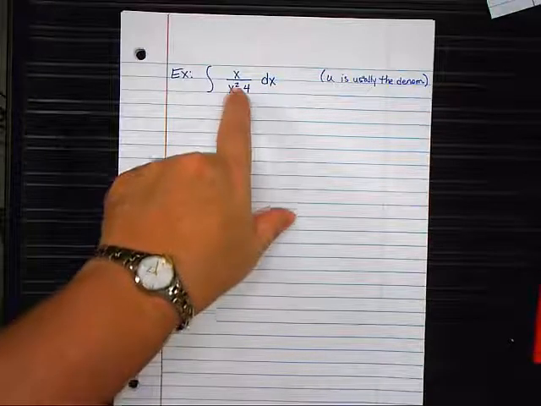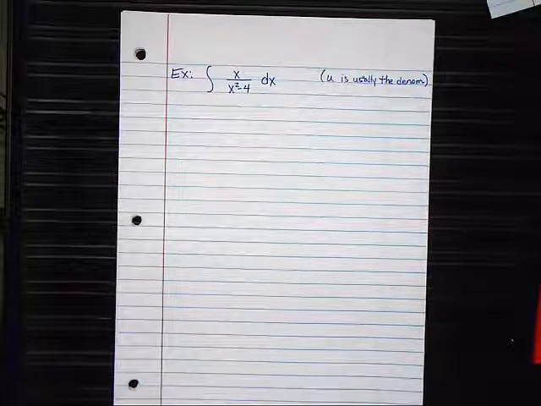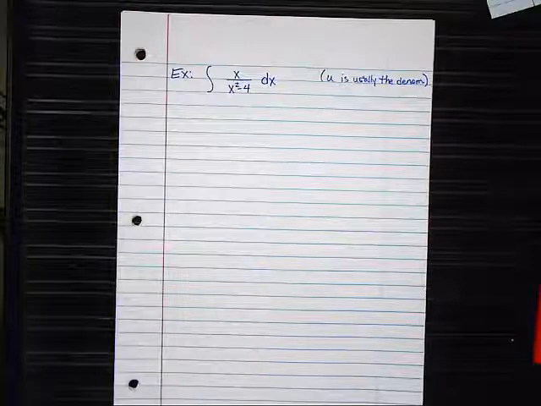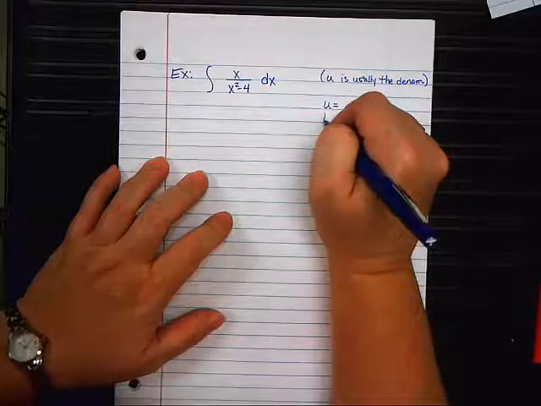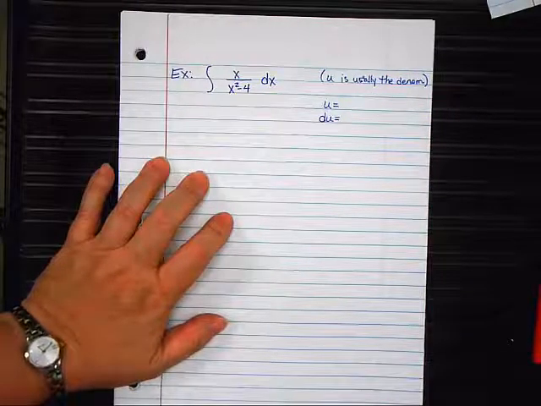If nothing is inside of something else, u is usually the denominator and du tends to be the numerator. You can never have a du on the bottom of a fraction, ever. Okay? So, we're going to do this just like yesterday. U equals, du equals.